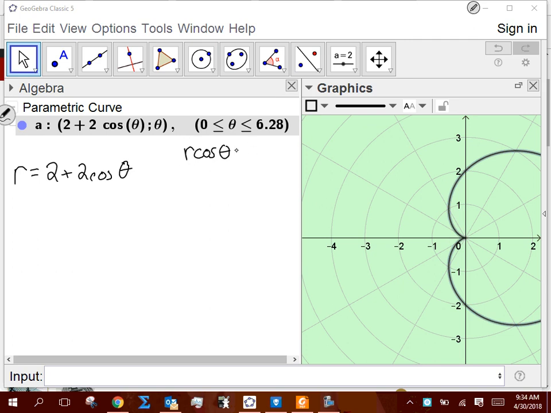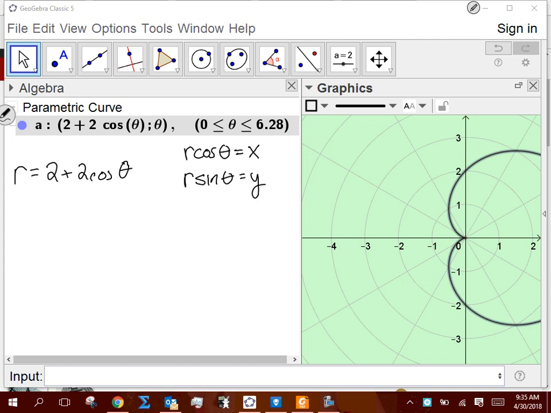Okay? But we know r cosine theta should be x. That's what we talked about when we converted from polar points to rectangular points and rectangular points to polar, right? The x value of rectangular coordinates is equal to r cosine theta. So then the y coordinate is r sine theta, right?